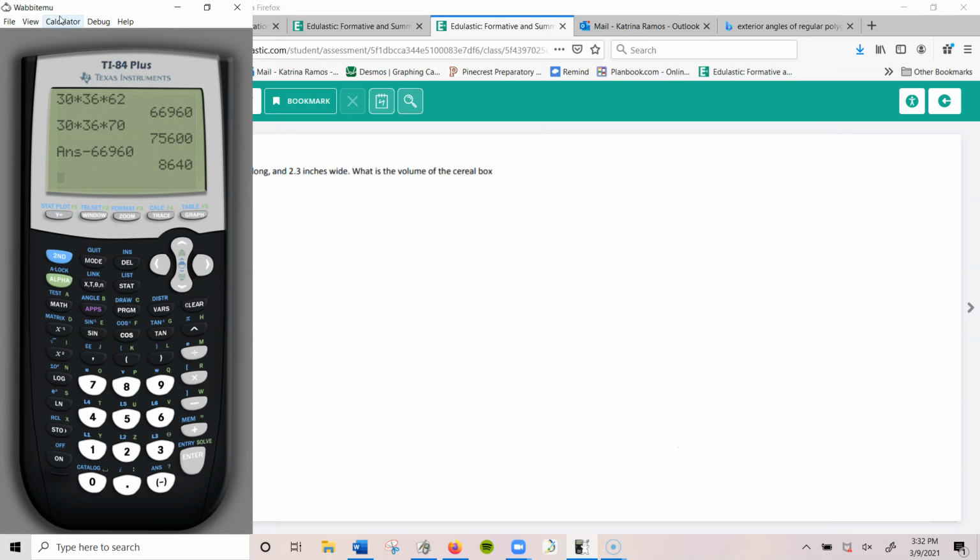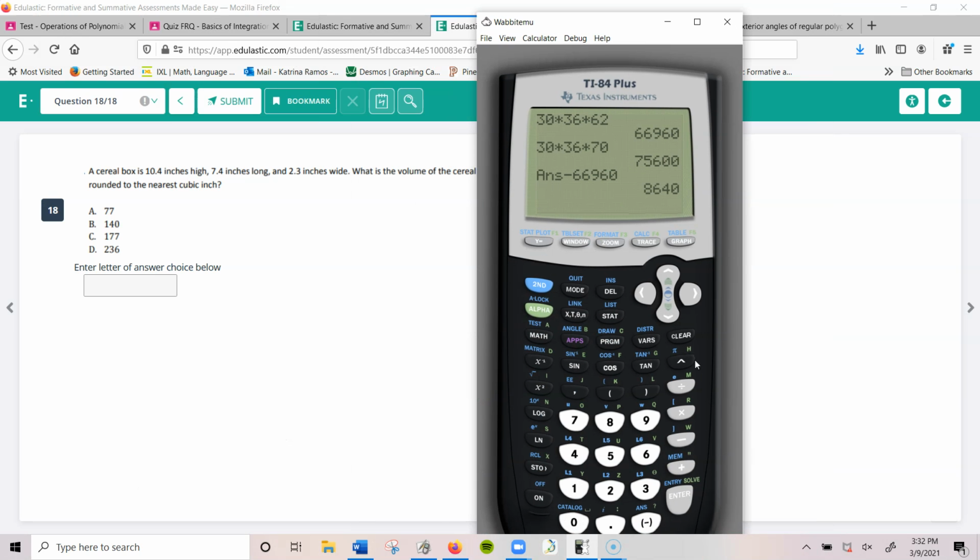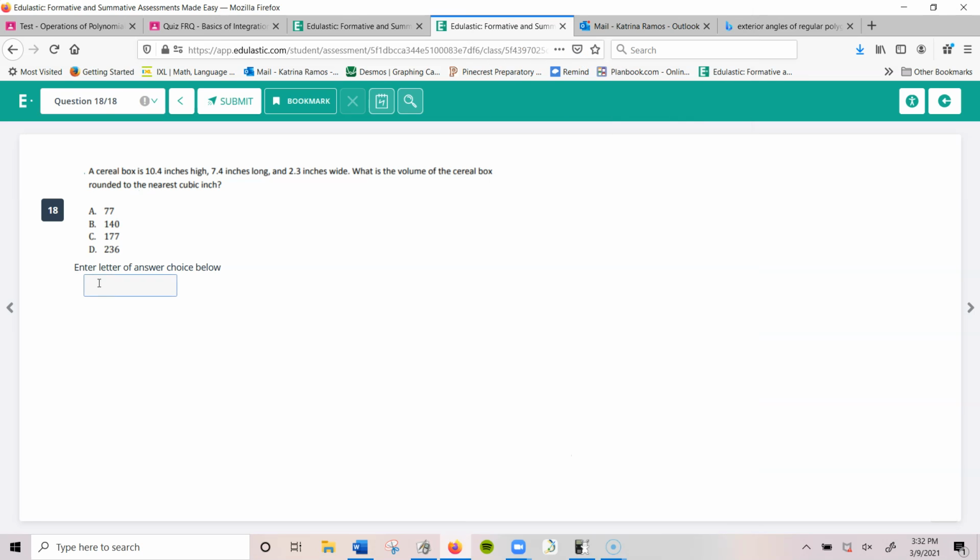So we multiply 10.4 times 7.4 times 2.3, which gives me 177.008. It says to round, so 177. So C.